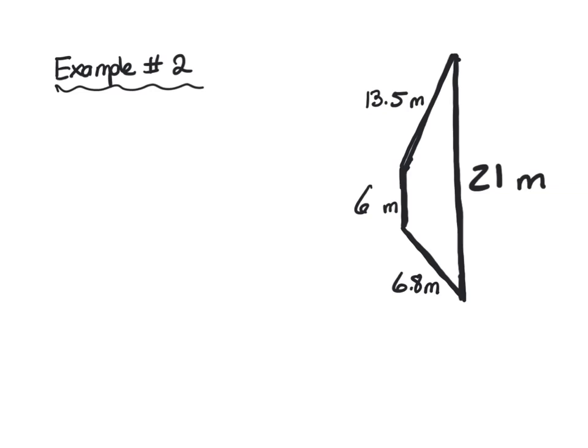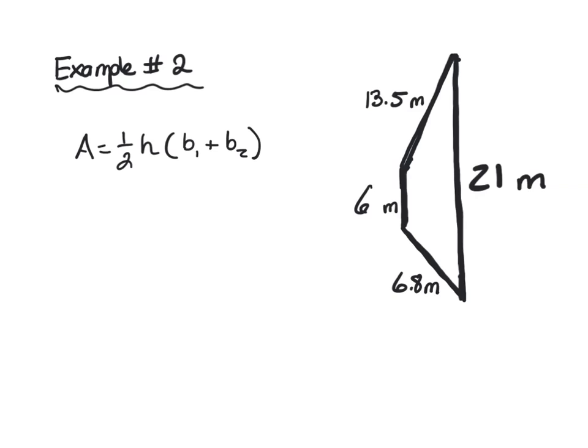All right, now in example number 2, we are going to go ahead and use our area equation. And we need to identify which of these variables, so we have 3, we have height, base 1, and base 2, which of these 3 we have here.